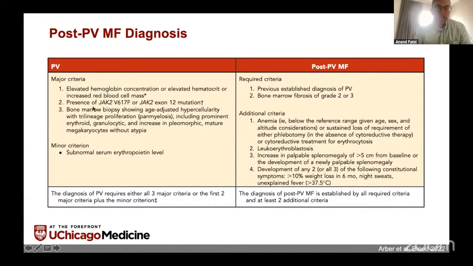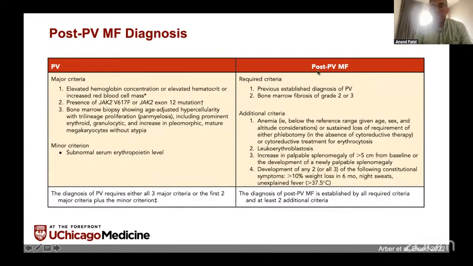Almost everyone has a JAK2 mutation. A bone marrow biopsy should be done to look for increased production of all three types of blood cells. And many patients will have a low EPO level. EPO is the hormone that signals the body to make more red blood cells. So in PV, the body senses that the issue is too many red blood cells, so it turns that EPO level down.